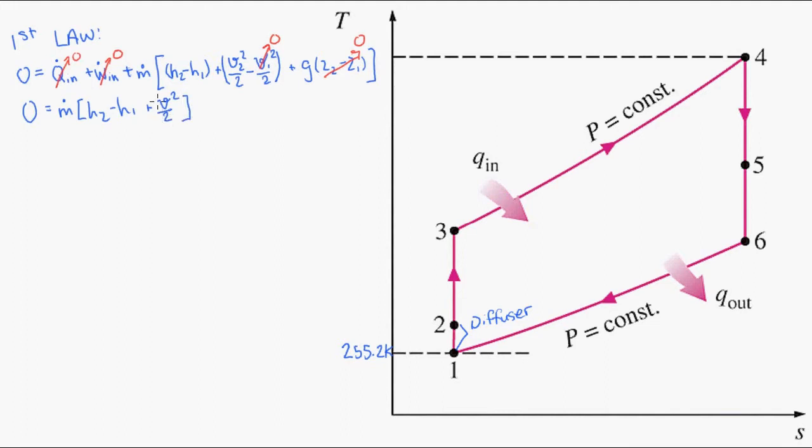Since we have constant specific heats, we can convert these enthalpies to temperatures, and since we know T1 and V1, we can solve for T2.